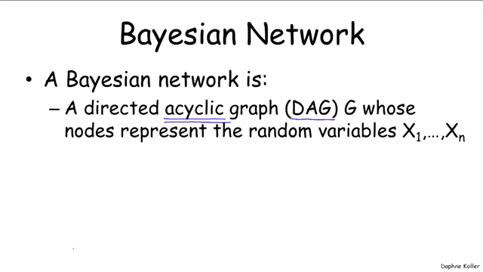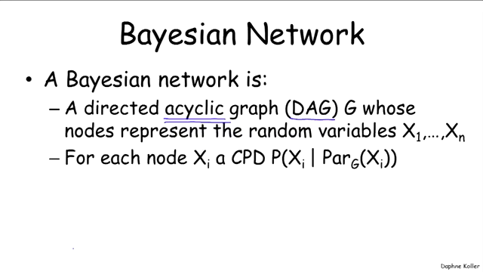And we're going to use the letter G to denote directed acyclic graphs. And the nodes of this directed acyclic graph represent the random variables that we're interested in reasoning about, the X1 up to Xn. And for each node in the graph, Xi, we have a CPD that denotes the dependence of Xi on its parents in the graph G.